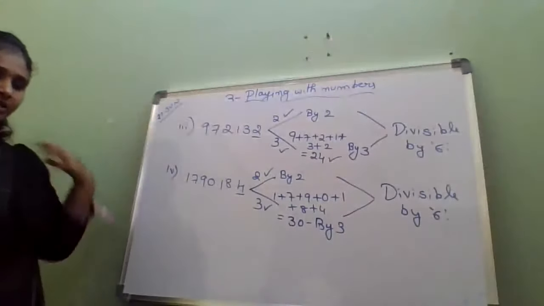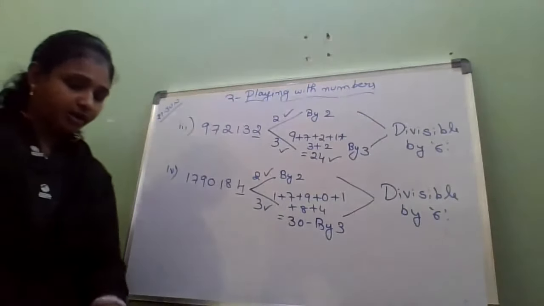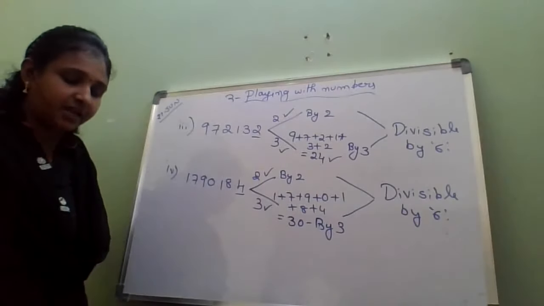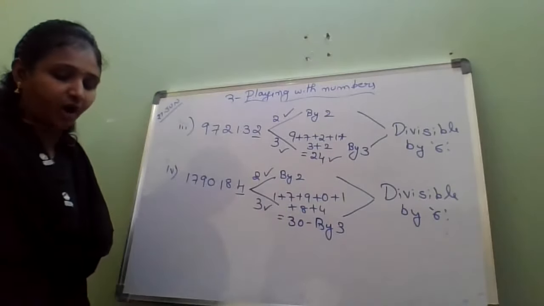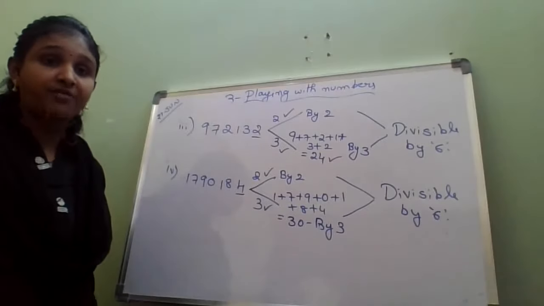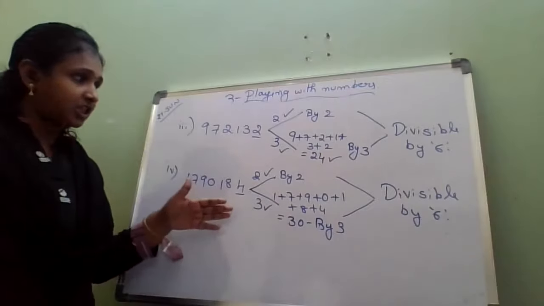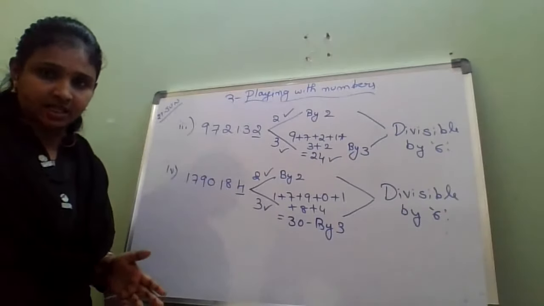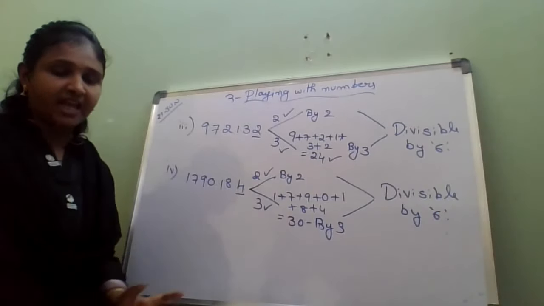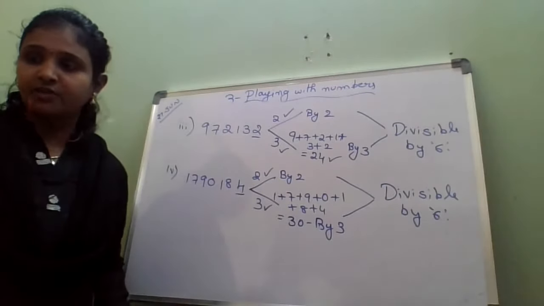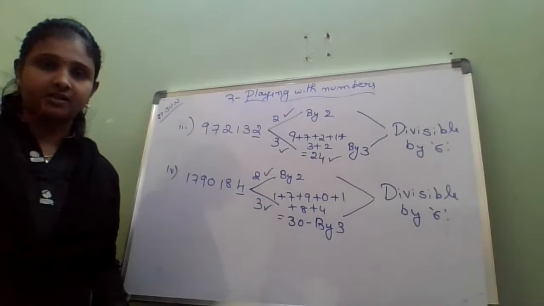Next, now we will check some examples. Determine which of the following numbers are divisible by 5 or 10. Up to now, we checked 2, 3 and 6 divisibilities. Now we will take some examples and check whether the numbers are divisible by 5 and 10.